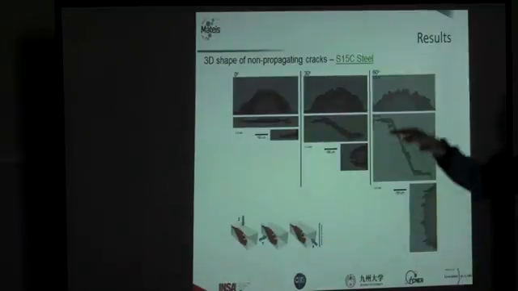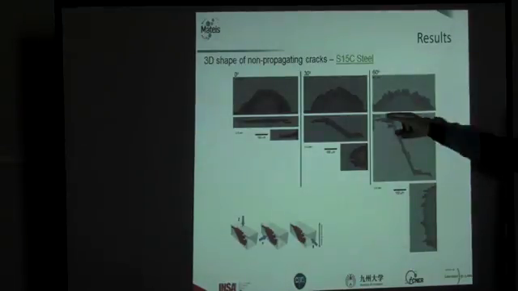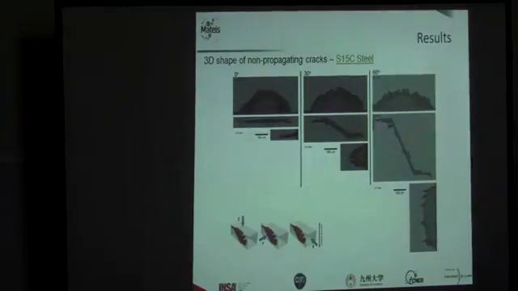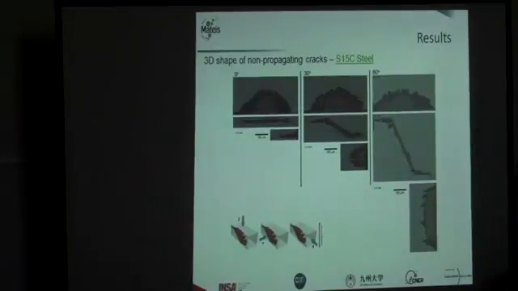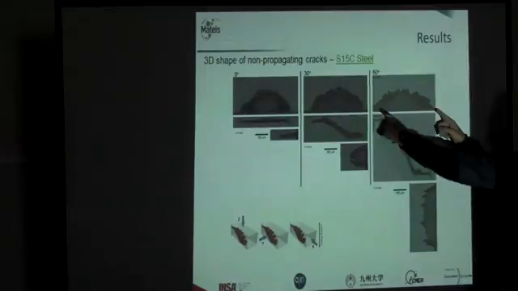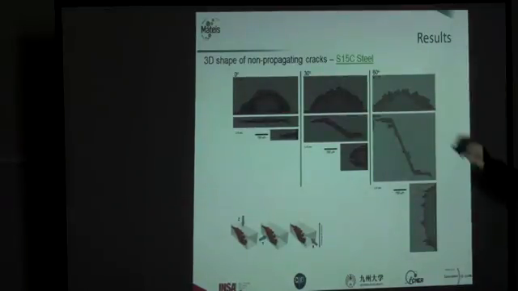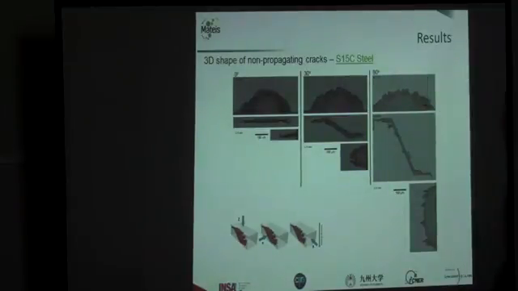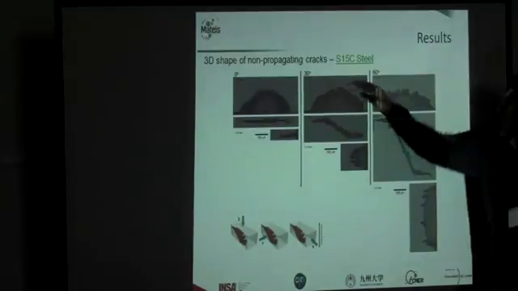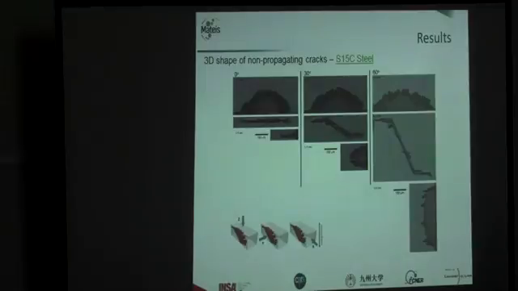What we can see on the top projection, if we see the sample from the top, is that the shape of these non-propagating cracks is really similar. We have a longer propagation on the surface and a smaller propagation on the notch root, but they are quite similar.